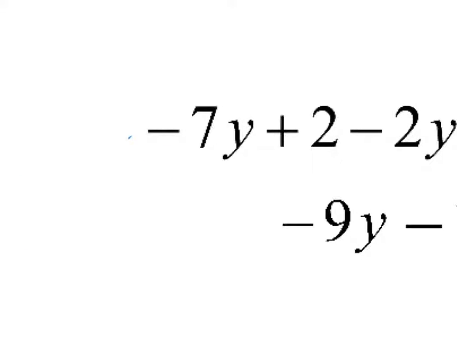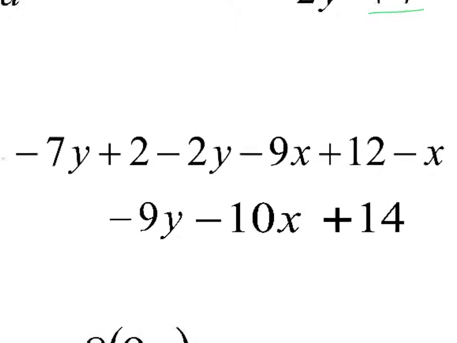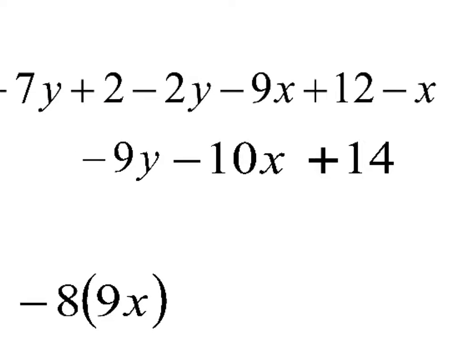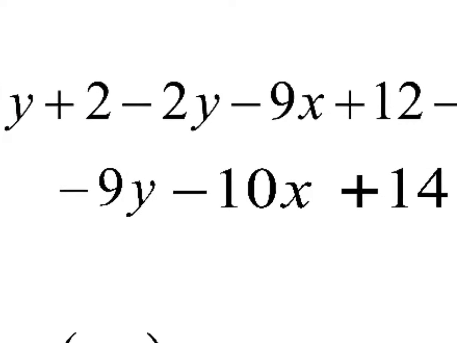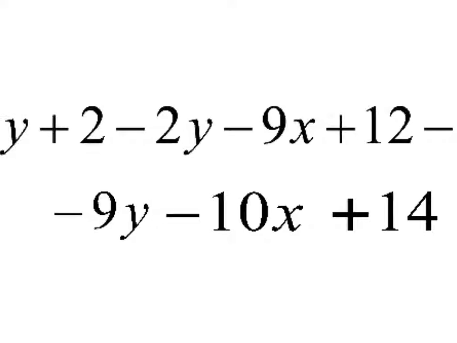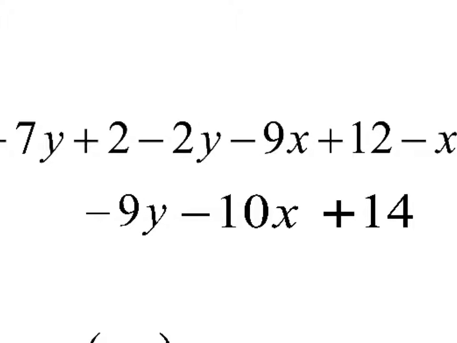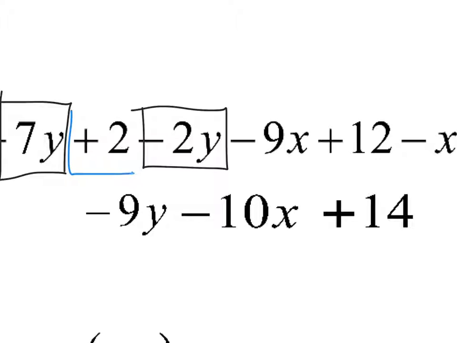Scroll over to our next equation, which is going to be a little bit longer than the other ones that we've been looking at. So let me get it good and in the screen. There we go. So the first thing that I would do, let me zoom out because I can't see it completely on mine, is I'm going to put a square around what I want to combine. So I'm going to combine them with their similar colors.